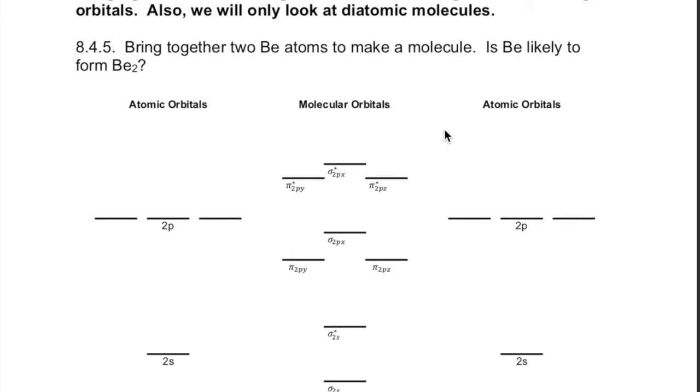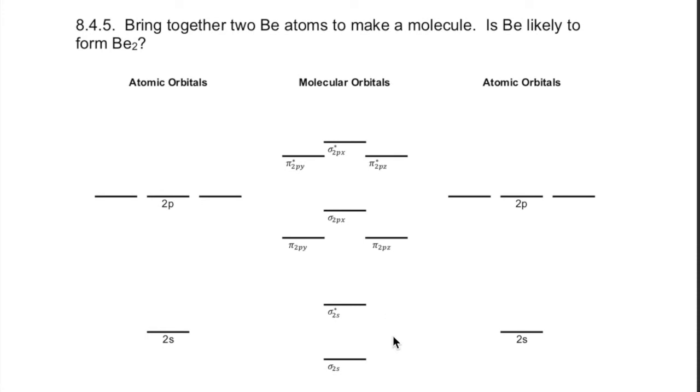And then when we populate these molecular orbitals with the electrons, the valence electrons that are in the molecule, we can tell whether we have any unpaired electrons. So this explains compounds that are paramagnetic versus diamagnetic. And we can also calculate what's called the bond order, which tells you how likely it is for a compound to form and how strong the bond between the atoms is likely to be.